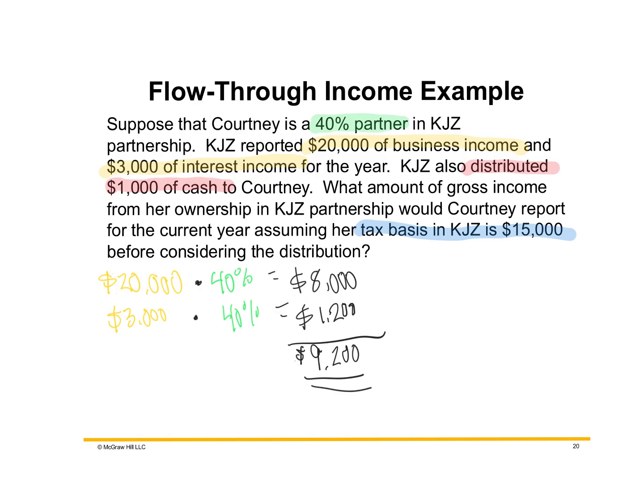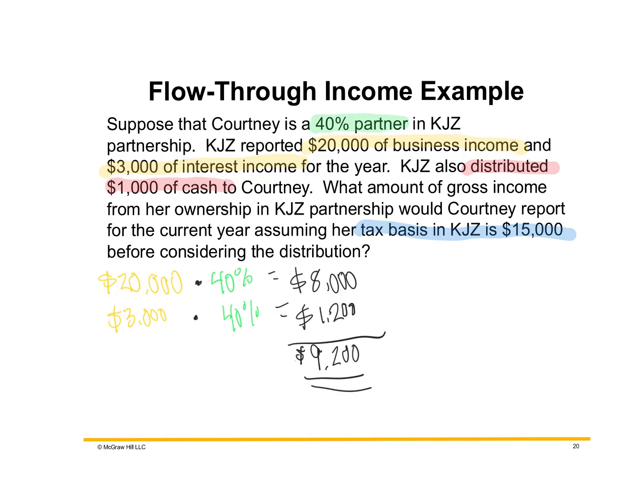Since KJZ distributed $1,000 of cash to Courtney, cash distributions reduce someone's tax basis in a partnership.